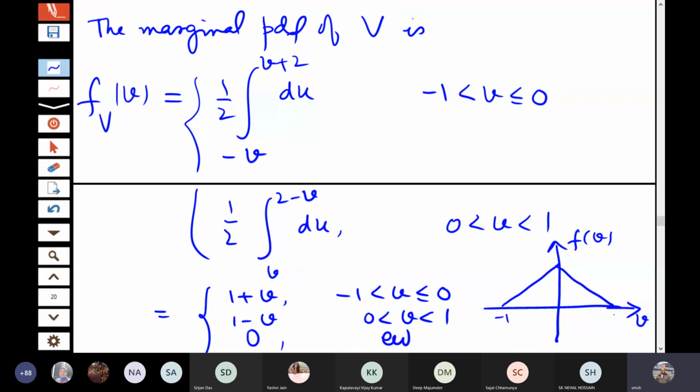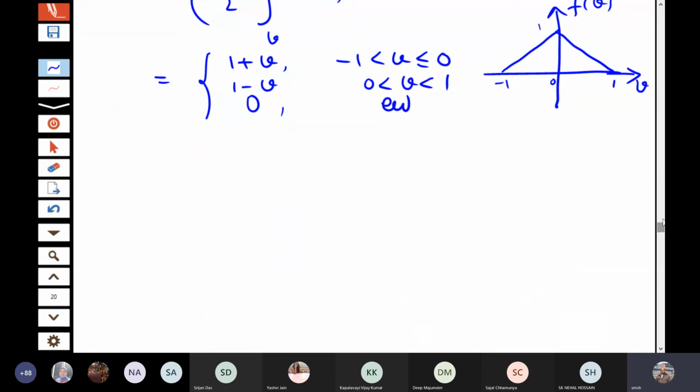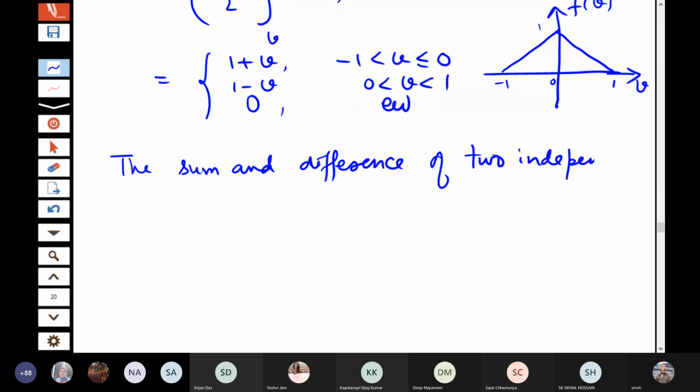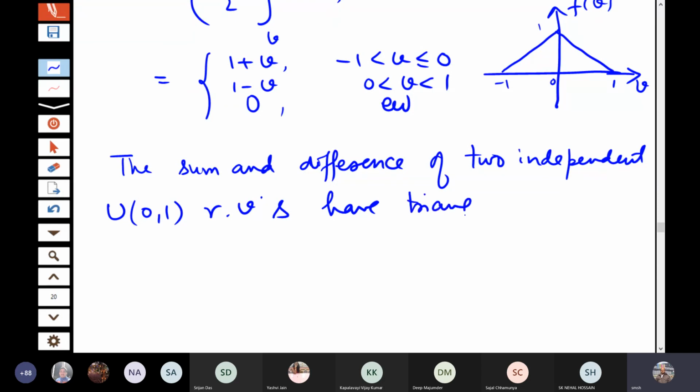Again it is a triangular distribution. So what we have established here is that the sum and difference of two independent uniform random variables have triangular distributions.